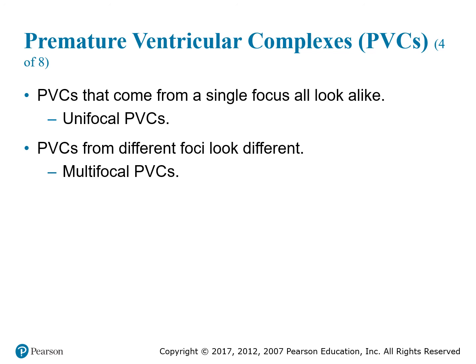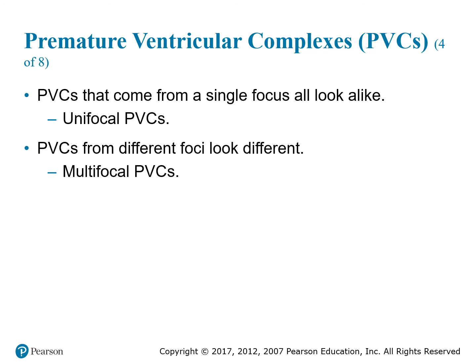All right. So PVCs can sometimes come in pairs or one at a time. PVCs may occur in various patterns. PVCs that occur infrequently with no identifiable pattern are called isolated PVCs.